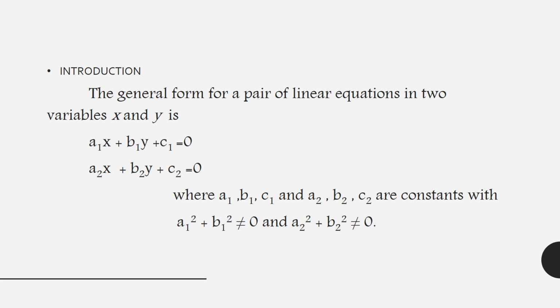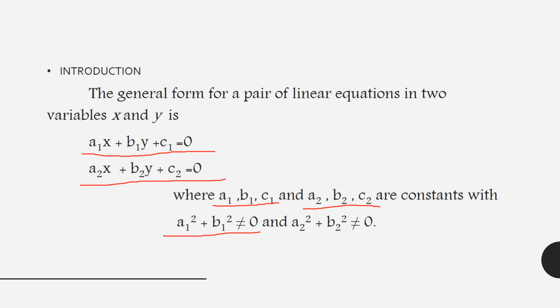Since we are taking two equations, we indicate them by suffixes 1 and 2. The first equation is a1x plus b1y plus c1 equal to 0, and the second one is a2x plus b2y plus c2 equal to 0, where a1, b1, c1 are constants. Similarly, a2, b2, c2 are constants. They are real numbers.